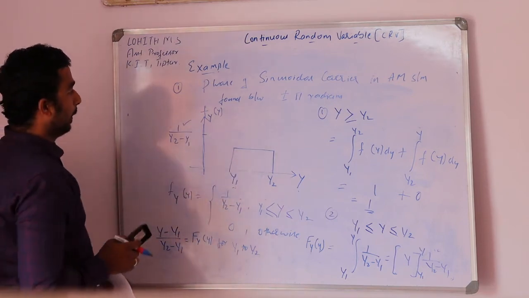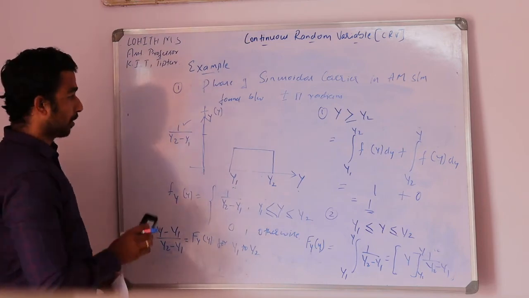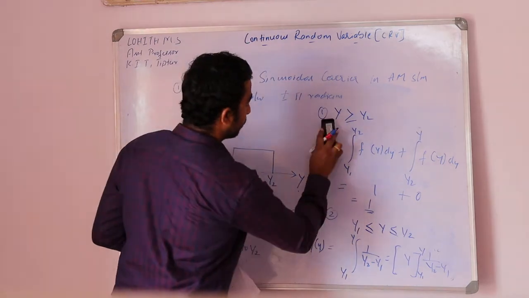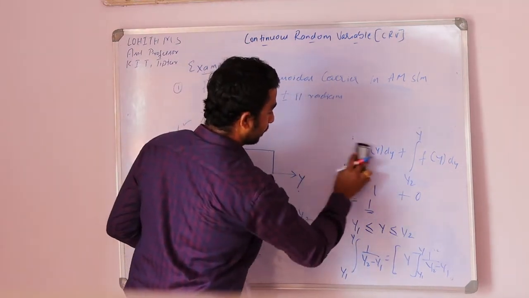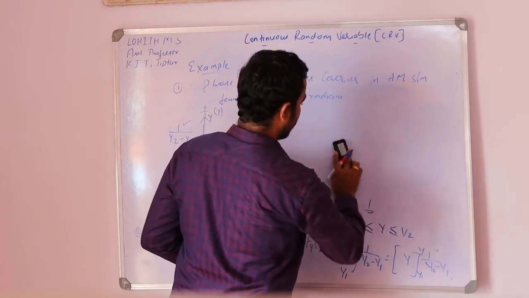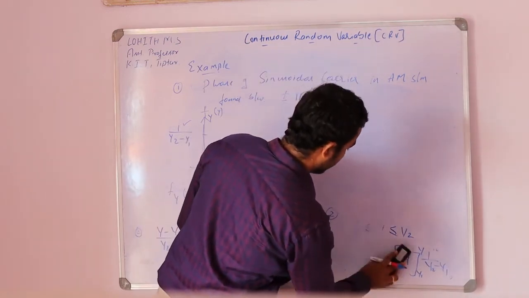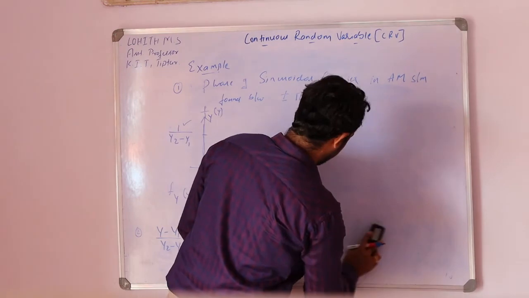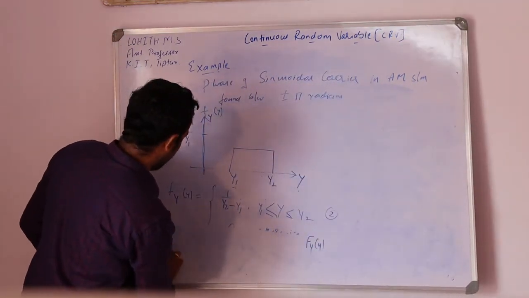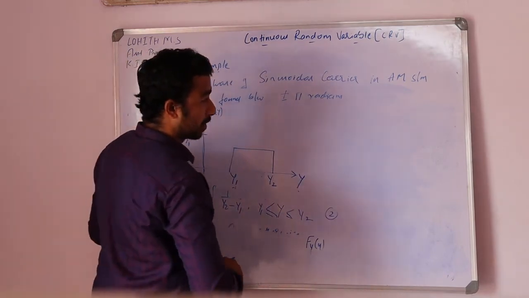Now we will draw the cumulative distribution function for this. So we will first summarize whatever we got.